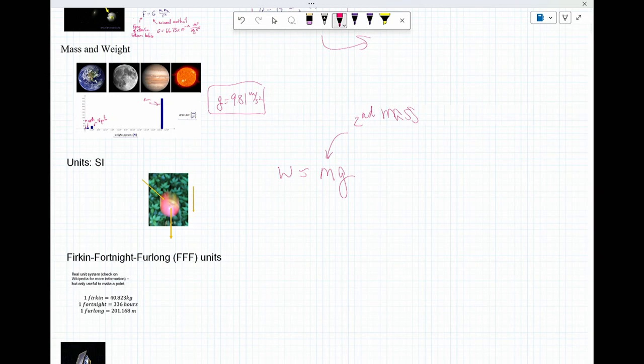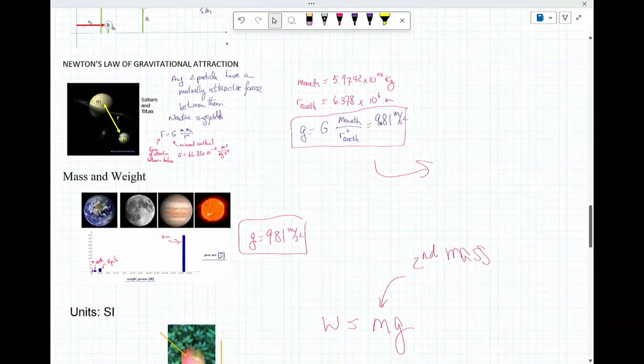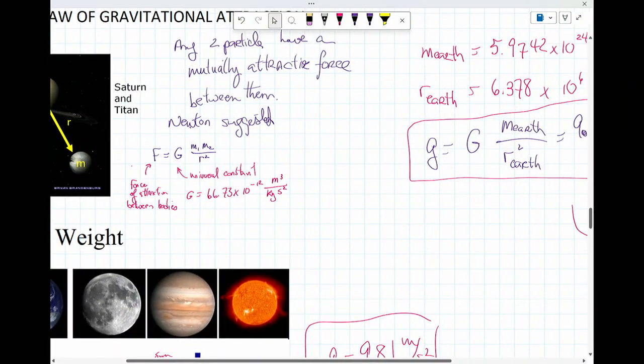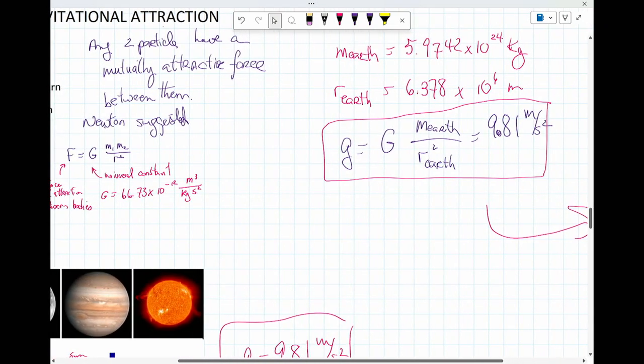But I don't have to calculate a crazy number. And that crazy number is 66.73 times 10 to the negative 12th times the mass of the Earth, 5.97 times 10 to the 24th, divided by the square of 6.378 times 10 to the 6th. I don't want to do that each time. So I can compress that to this one term, and then it becomes g times m.